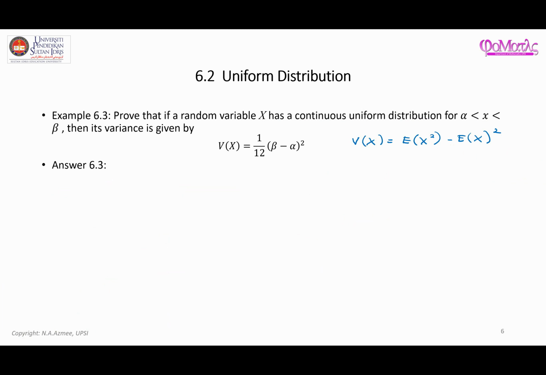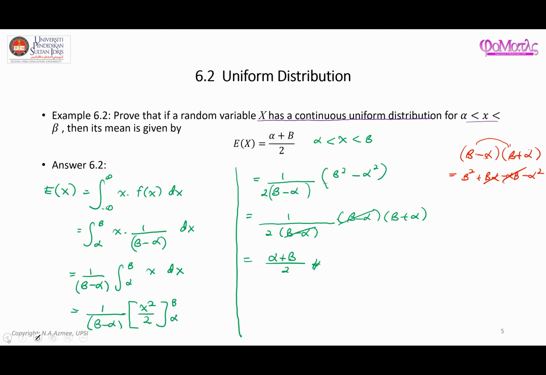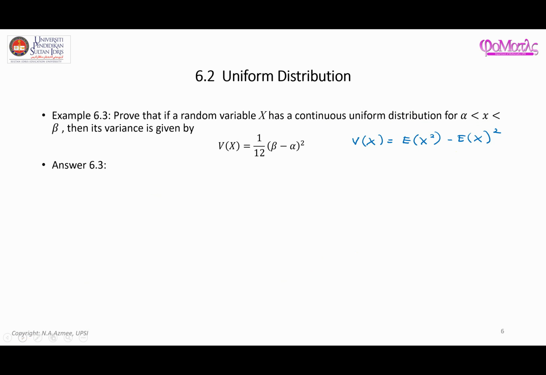And we have already obtained what E(x) is. The expected value of x here is this guy, so we have got the result, and we're just going to apply that later on. Now our job is to find what this guy right here is.